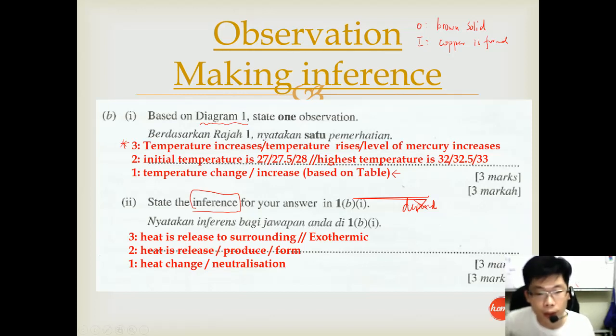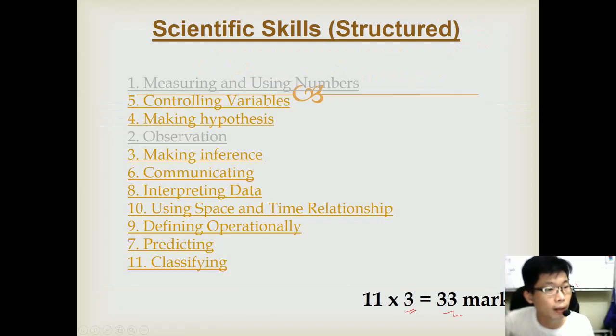Okay. So next one, we look into making a hypothesis. So making a hypothesis is actually based on the variables. So I encourage the student to settle or solve the variables first. Okay.